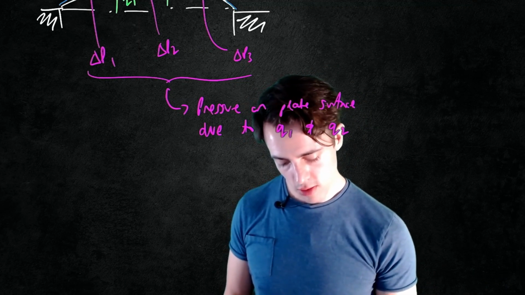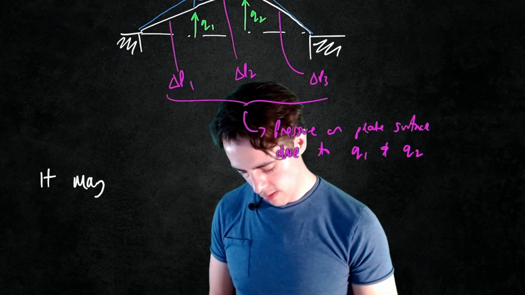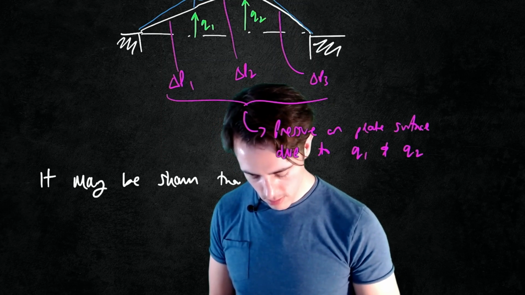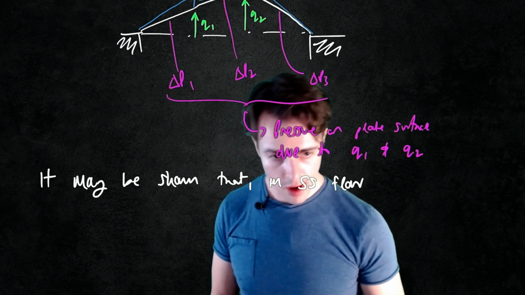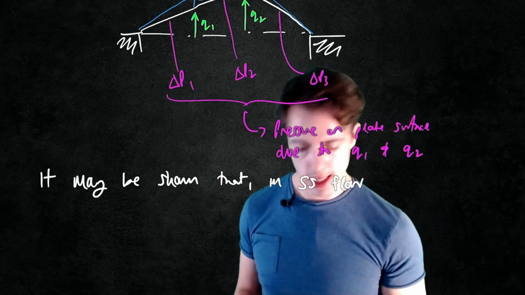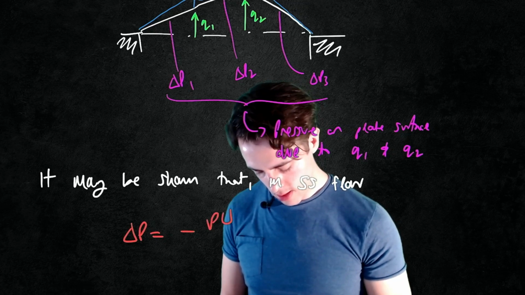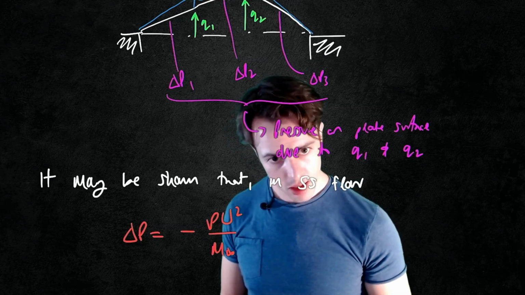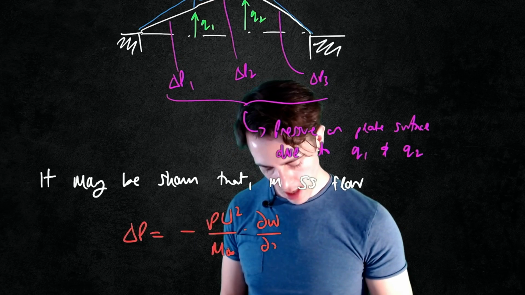It can be shown that in supersonic flow, the pressure change on an aerofoil, or on a plate like this, delta P, will be equal to minus rho u squared divided by the free stream Mach number multiplied by dW on dx.